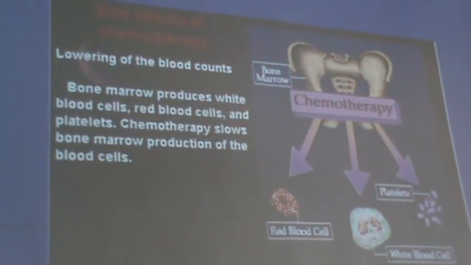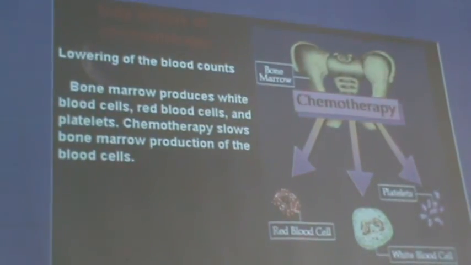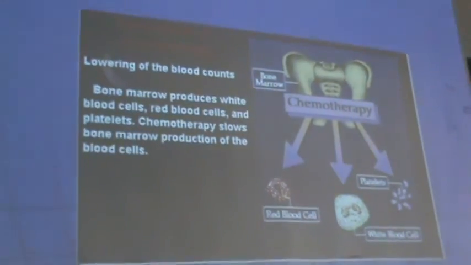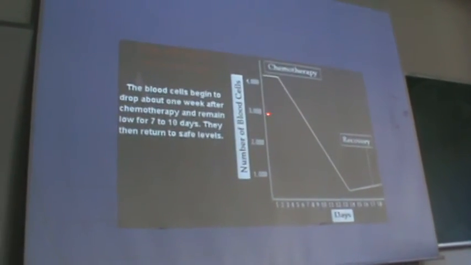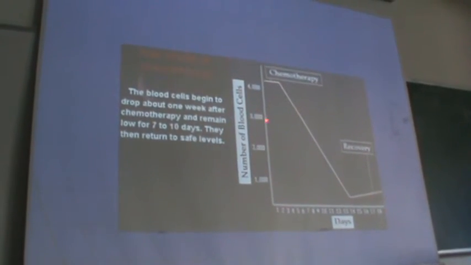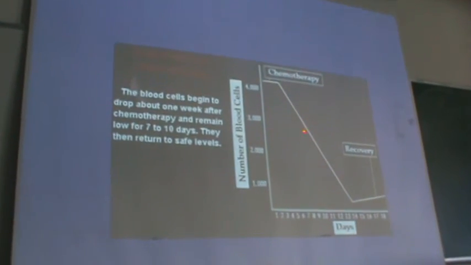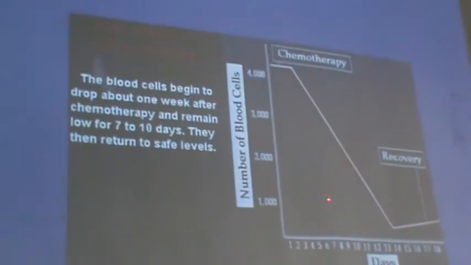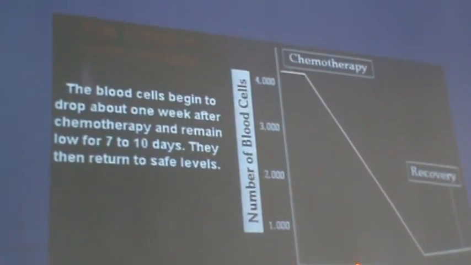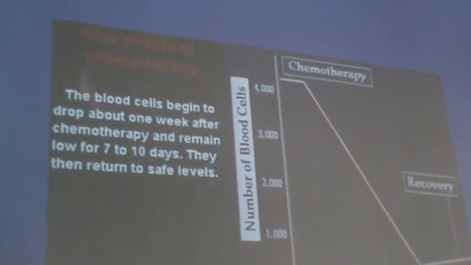And with red blood cells, the patient will be anemic with fatigue and general tiredness. Now when we start with the lower normal dose of chemotherapy, the blood elements start to be reduced within 6 or 7 days after the start of chemotherapy.